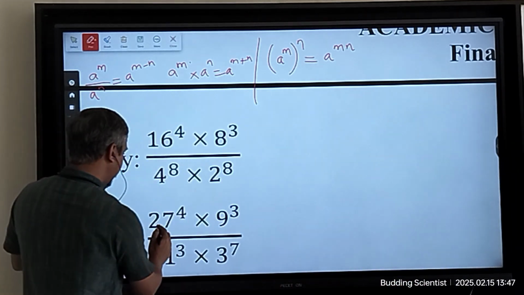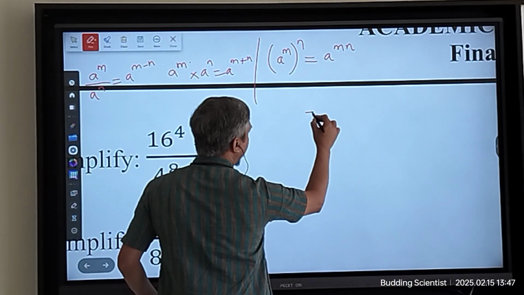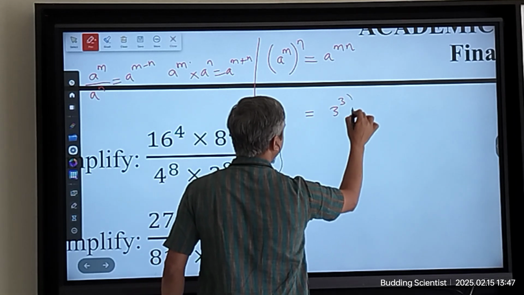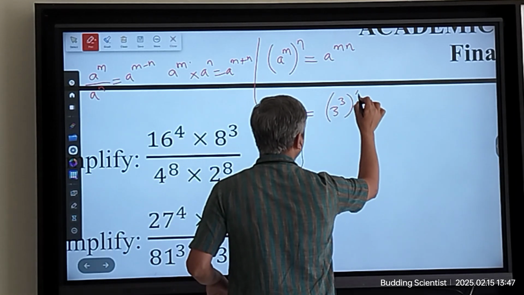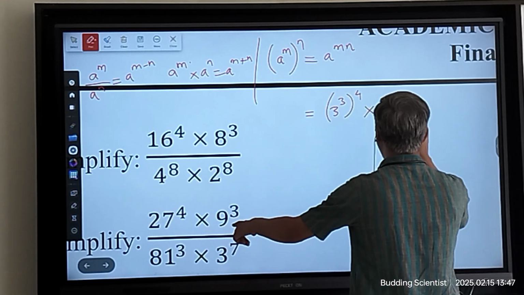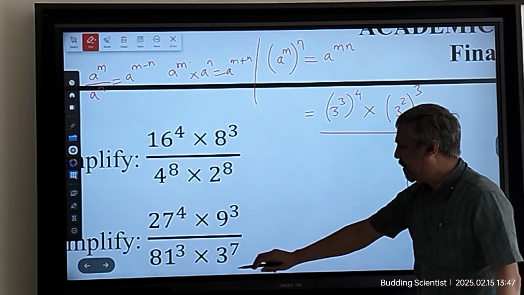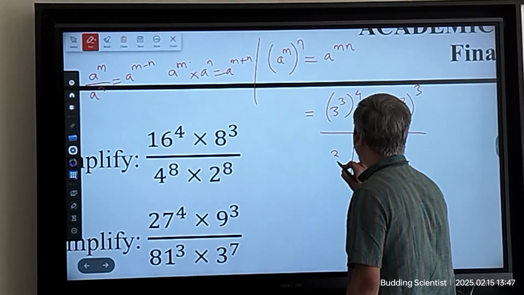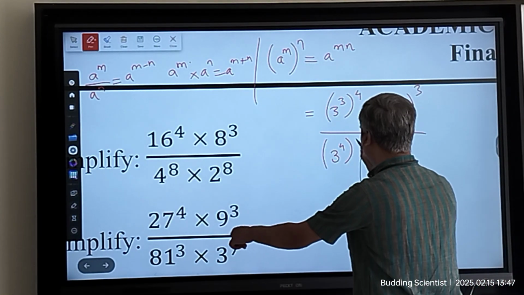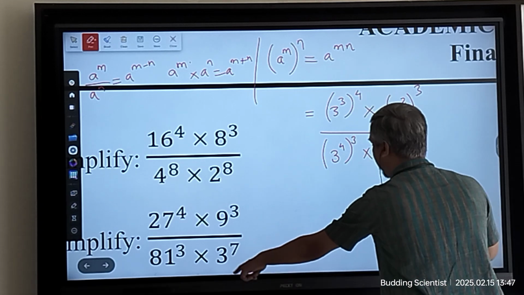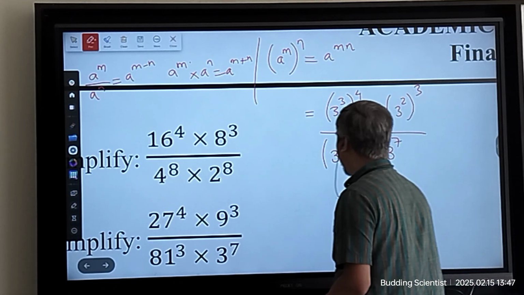Again the second question goes 27 raised to 4. I am now writing 27 as 3 raised to 3 bracket raised to 4 multiplied by 9 raised to 3, 3 square raised to 3, divided by 81, which is 3 raised to 4 bracket raised to 3 multiplied by 3 raised to 7.